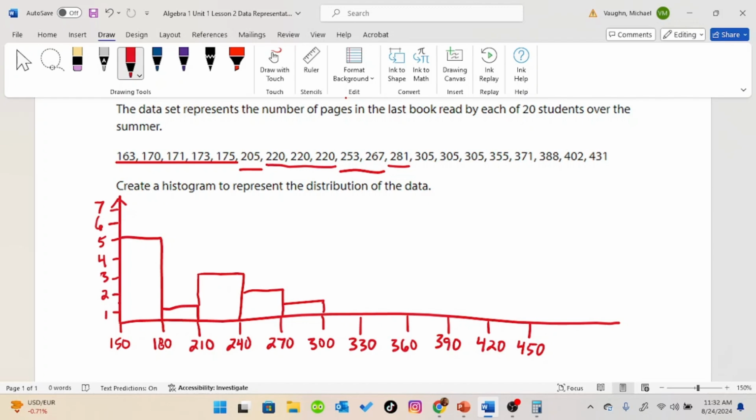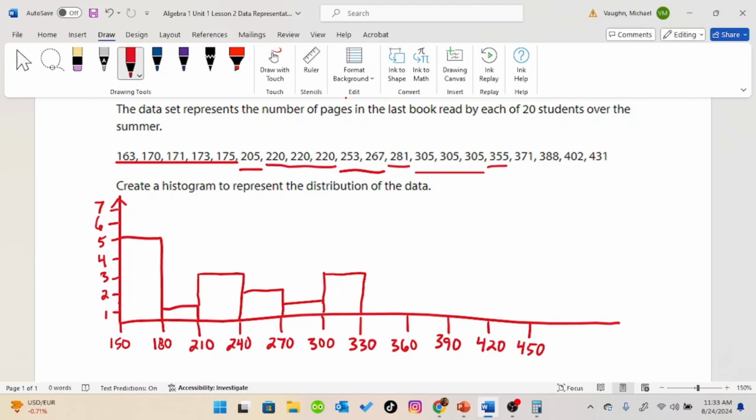Now we're looking for numbers that are at least 300 but less than 330. And that happens 1, 2, 3 times. So we find 3 on the left, and this bar is going to go up to 3. Now we need numbers at least 330, but less than 360.